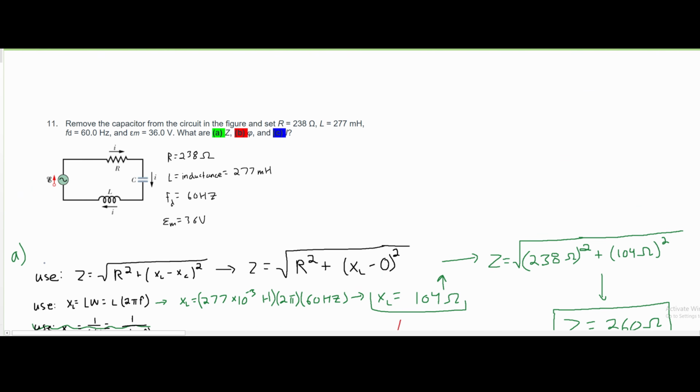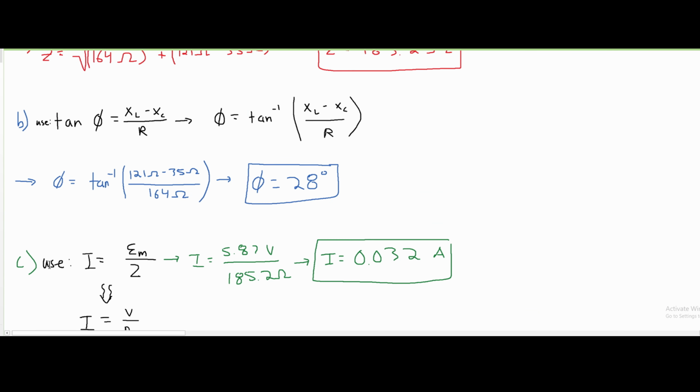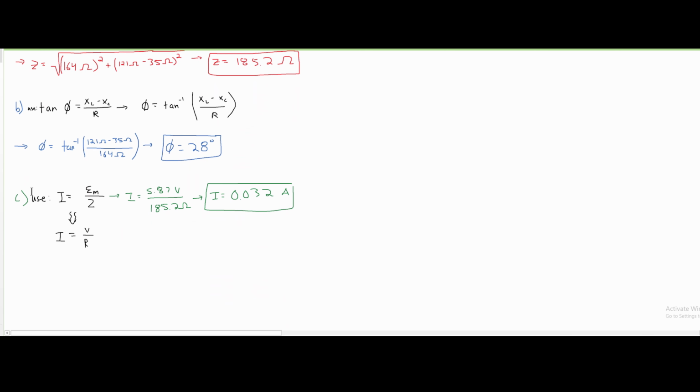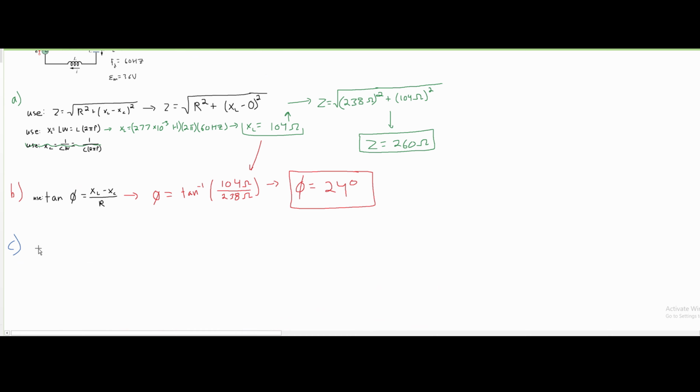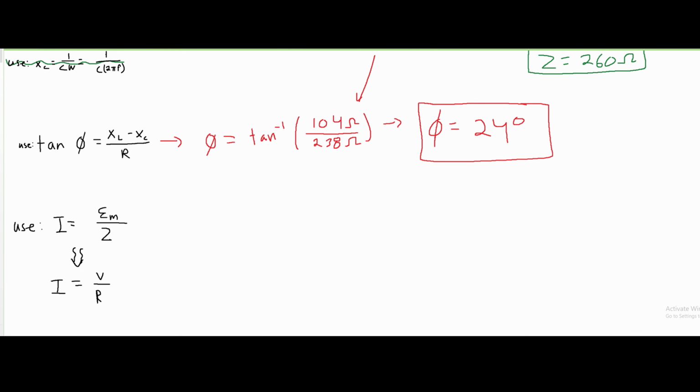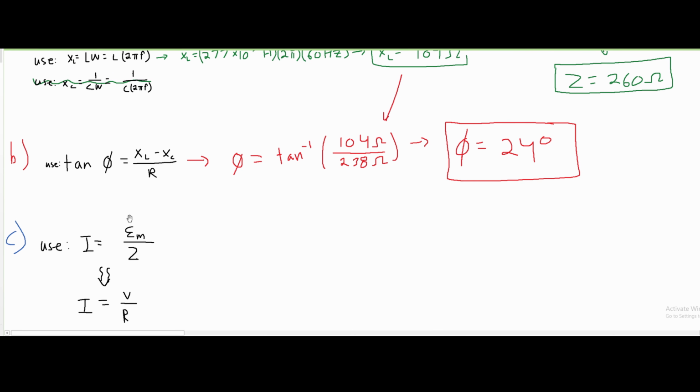For question C, we are asked to find I, which is the current or amplitude. And for this, in number 10 we did something similar. We were asked to find the current, and we basically are just going to use I is equal to the alternating EMF divided by Z. This is equivalent to I equaling V for voltage over R resistance.